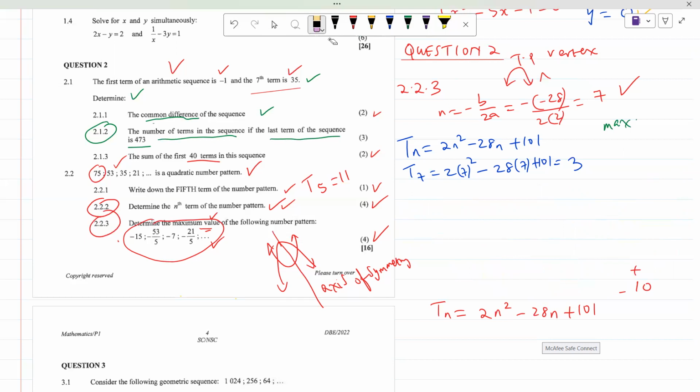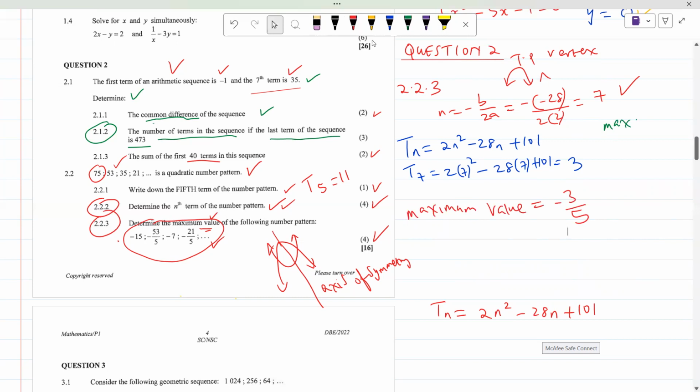The maximum value is this term, but you divide by minus 5.